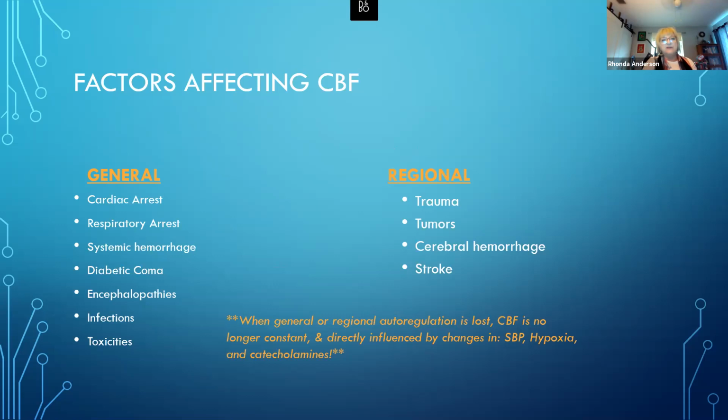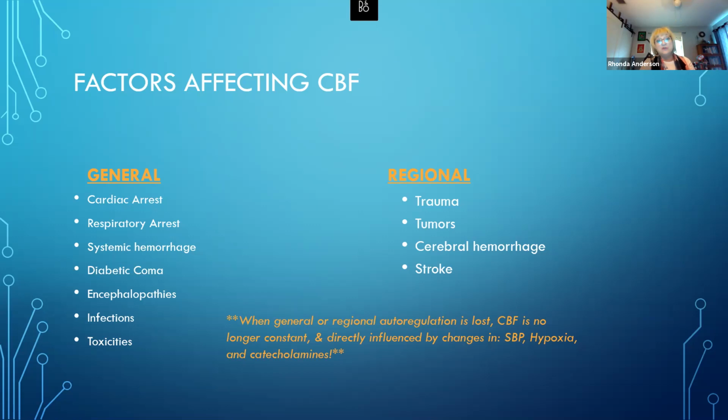Other factors that affect cerebral blood flow: cardiac arrest, for obvious reasons, okay. It requires CPR, and that's the only way they're getting blood flow. So the patient can have a global ischemic event. Same with respiratory arrest. If the patient stops breathing, often that leads to cardiac arrest.